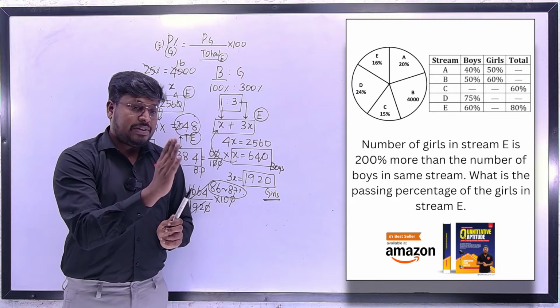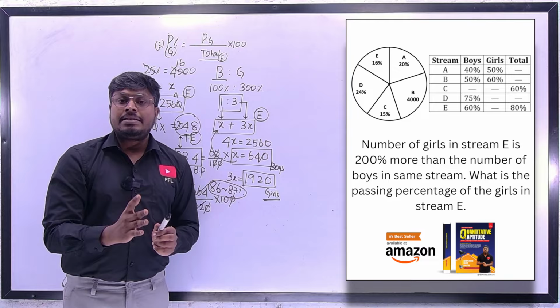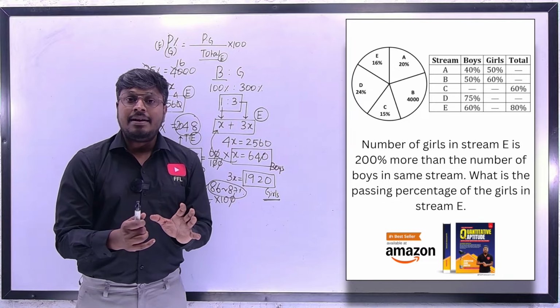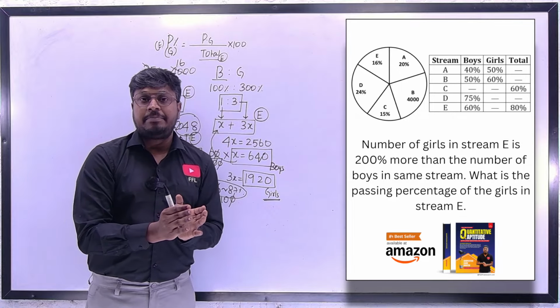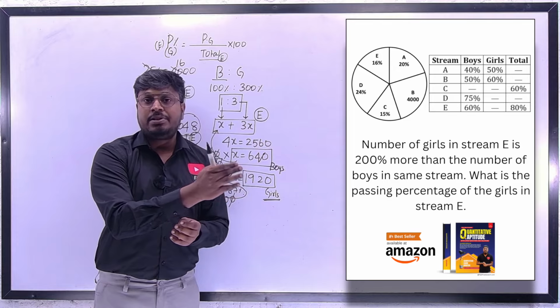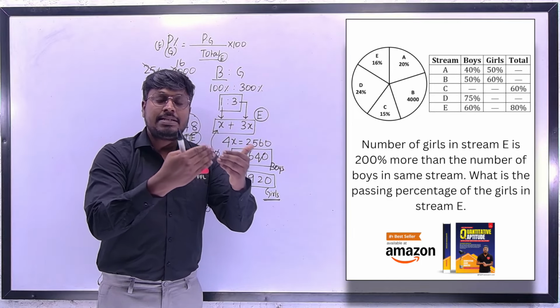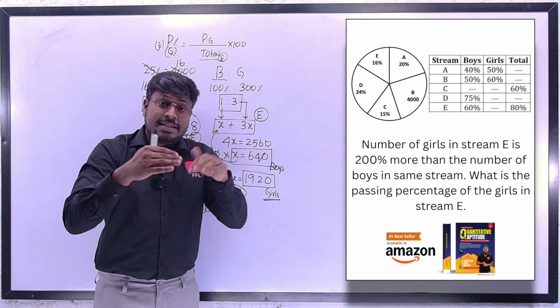Right? So what we did is, in a mains level question, we always have to first understand what we need to find. We have to find the pass percentage. If we need to find the pass percentage of girls, then we need the total number of girls passed divided by the total number of girls in that stream.